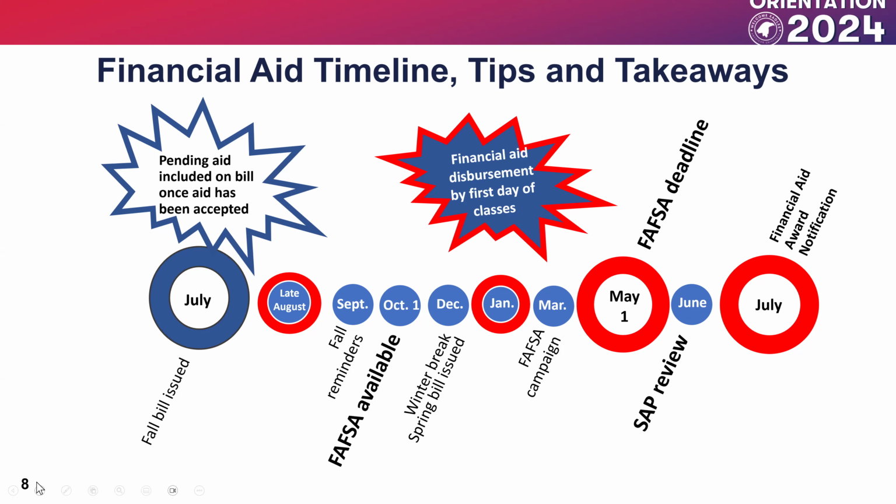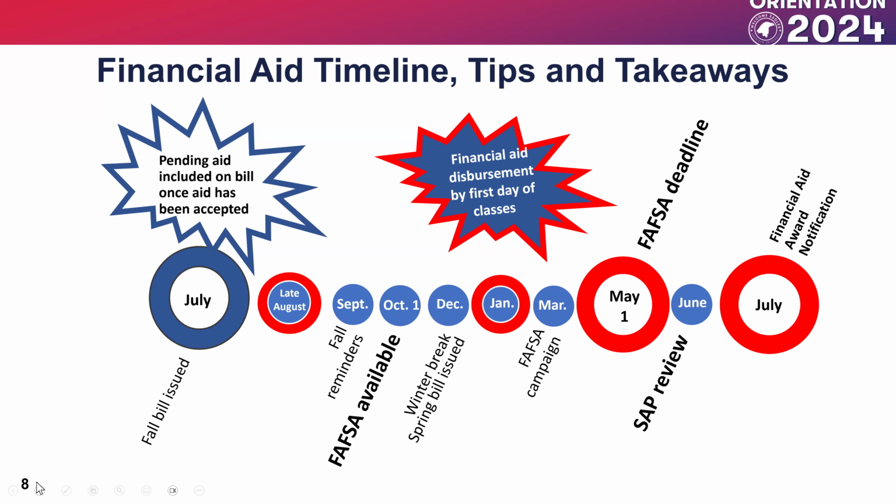In September, we'll send out reminders of the things I've just covered in this presentation that you should do: remain continuously enrolled, make sure you're in at least 12 credit hours, understand the minimum standards for renewing your awards, and we'll also let you know that the federal government promised the Free Application for Federal Student Aid will be available on October 1st, which is traditionally the date that it has been available.